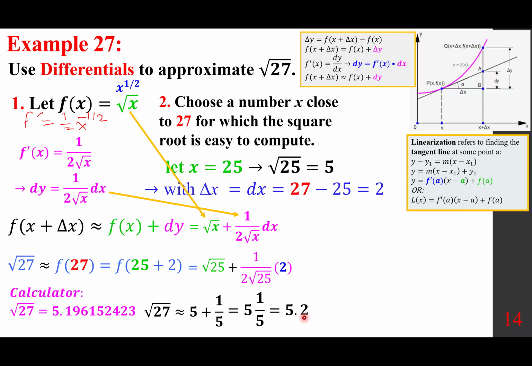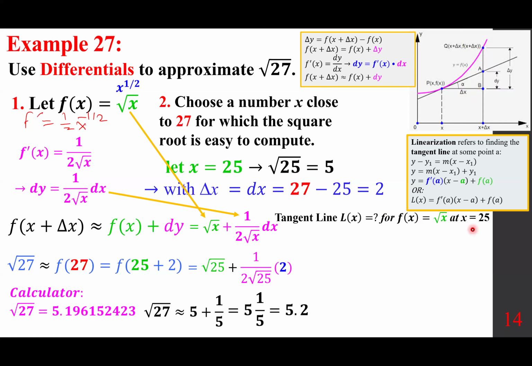All right. So the second methodology I want to look at, so what you looked at is the differential. If we find the equation of a tangent line for this guy, that is also known as linearization, everybody. Which means I need to find the tangent line L of x for this function f of x equals square root of x at the number that we picked here, x equals 25.